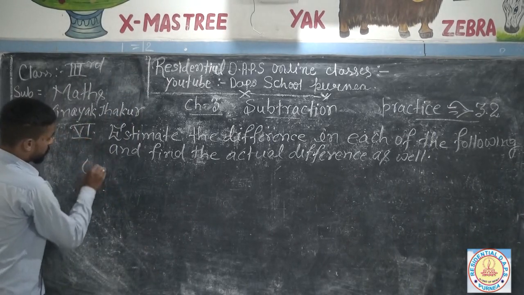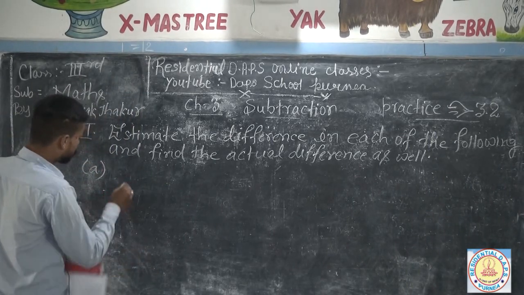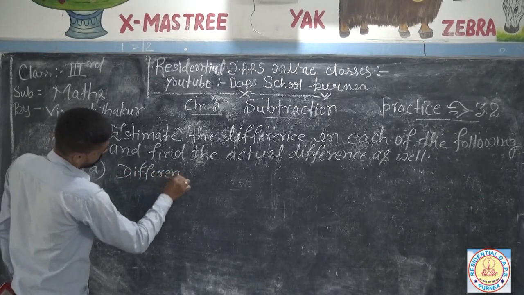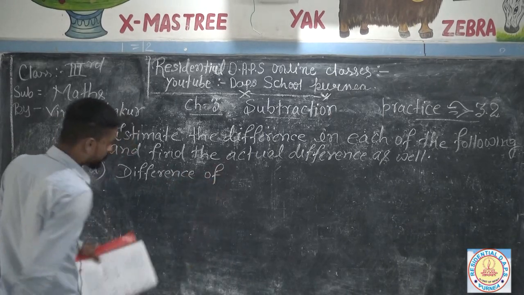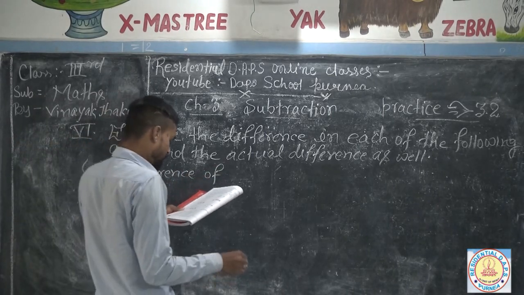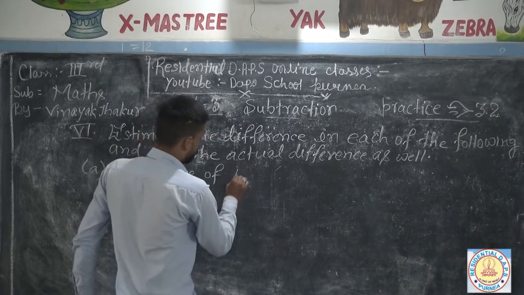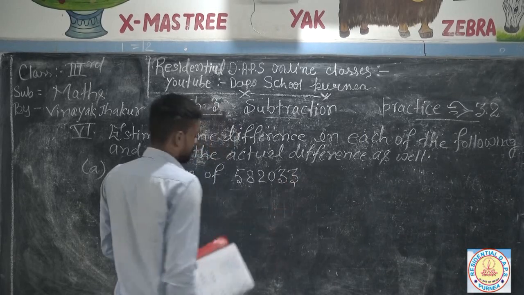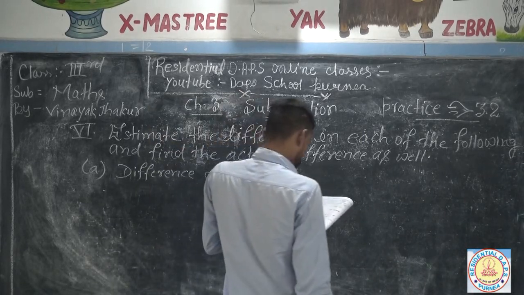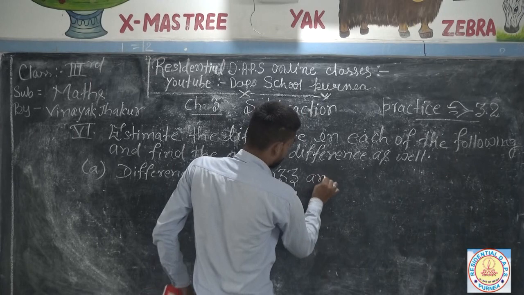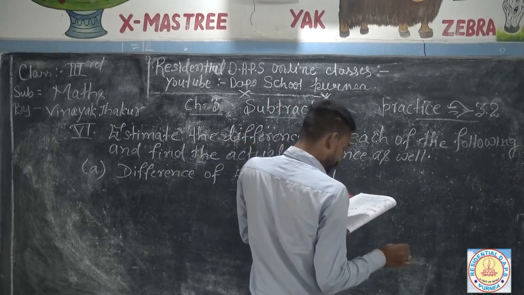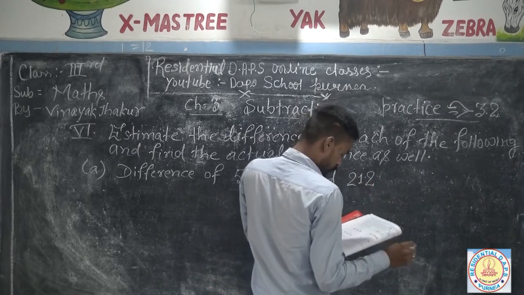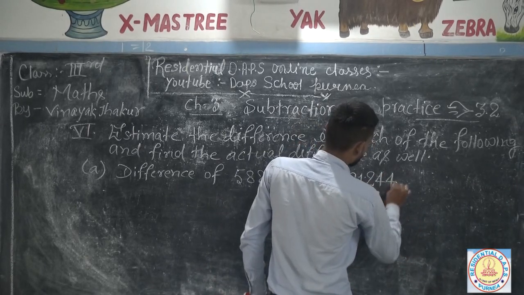So your first question is the difference of 582033 and 212447.